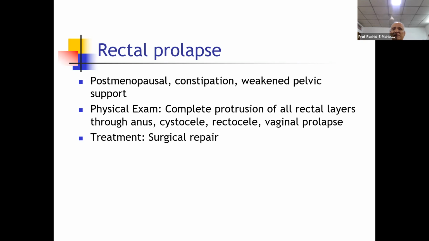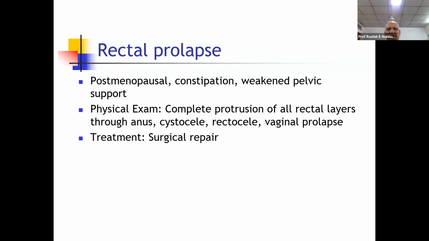Another common problem is rectal prolapse. Prolapse means the rectum has come out of the anus. This prolapse is mostly from a developmental problem of the body, because the pelvic floor usually supports the rectum. There is no bony support or other things. So if there is a weakening of the pelvic support, a rectal prolapse can occur. It is mostly old and constipated people who usually get these things.